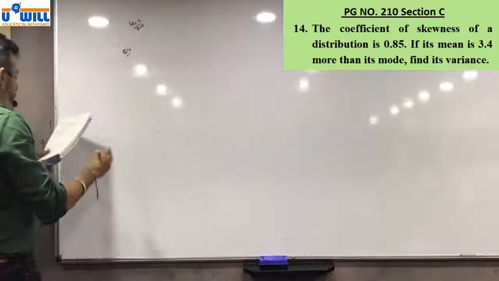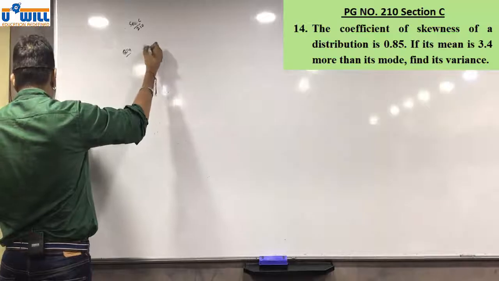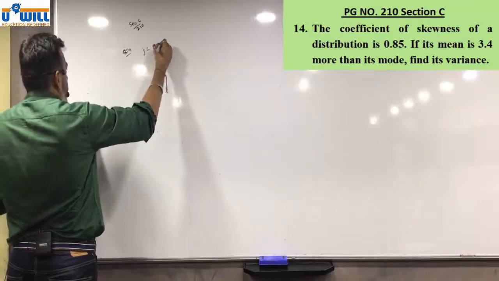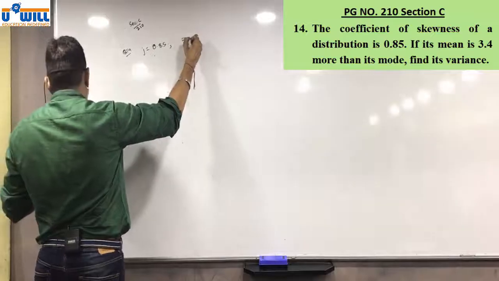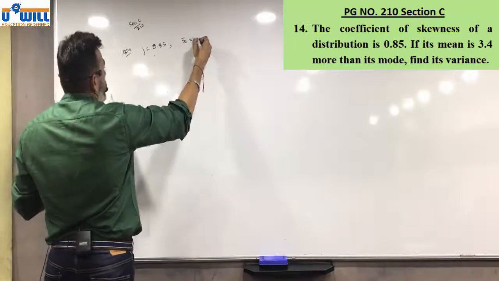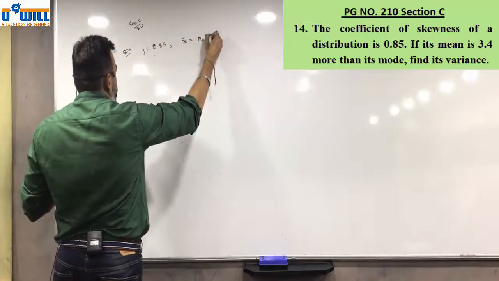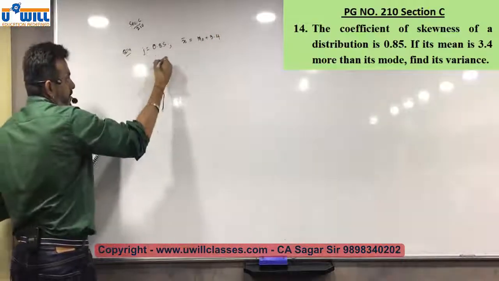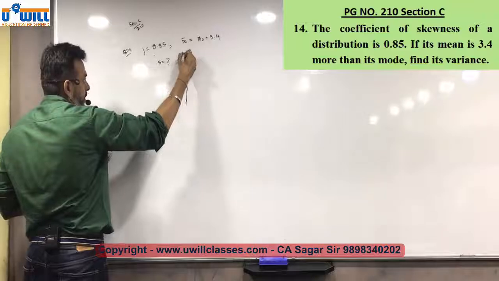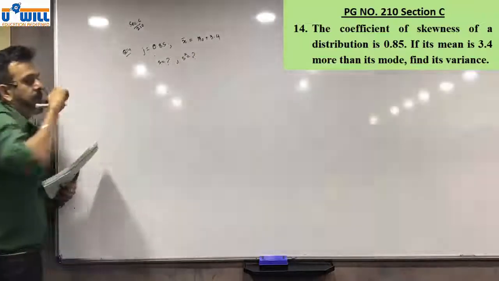Let's write what is given. J is equal to 0.85 and mean x bar is more than its mode by 3.4. We have to first find the standard deviation and then square it.